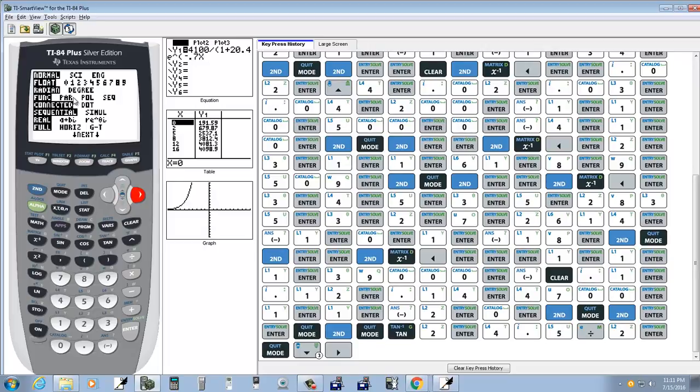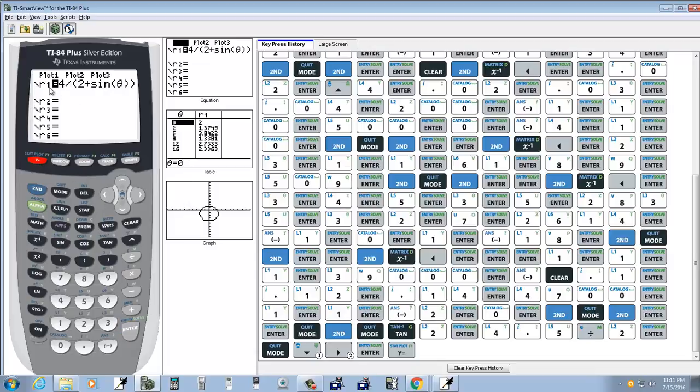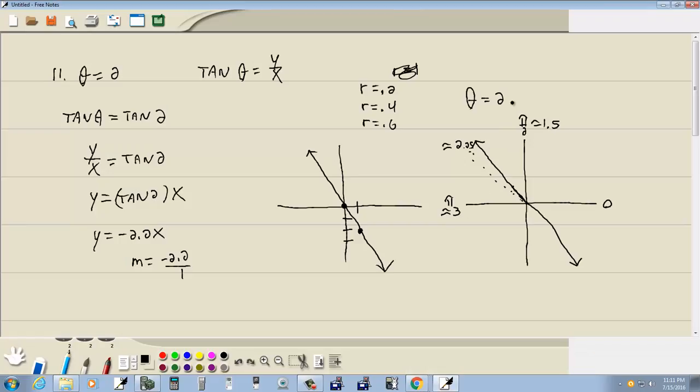The next one over is Parametric. Next one is Polar. So if I choose Polar, and then I go to Y equals, it's looking for something of the form r is equal to. It's not looking for theta. So this is one that you have to do by hand.